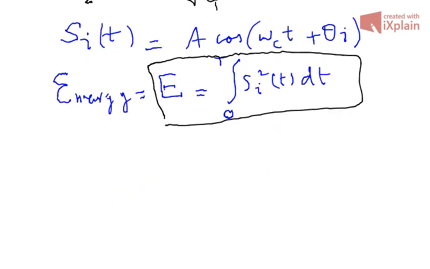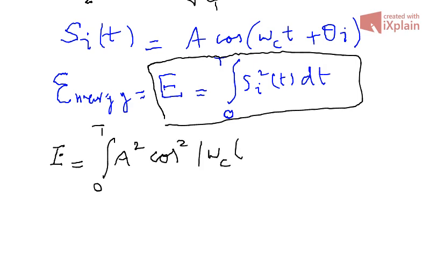The energy is equal to the integral from 0 to T of A squared cos squared(omega_c t + theta_i) dt.